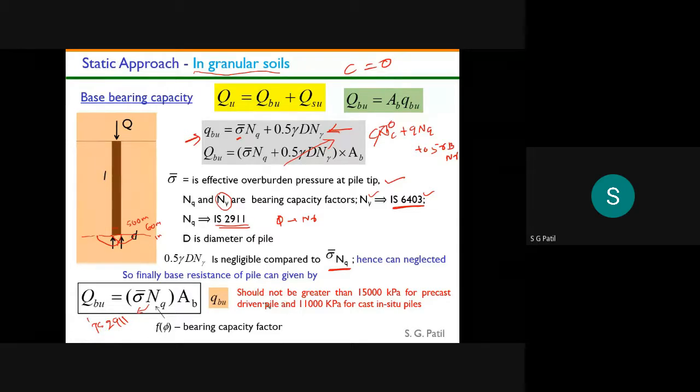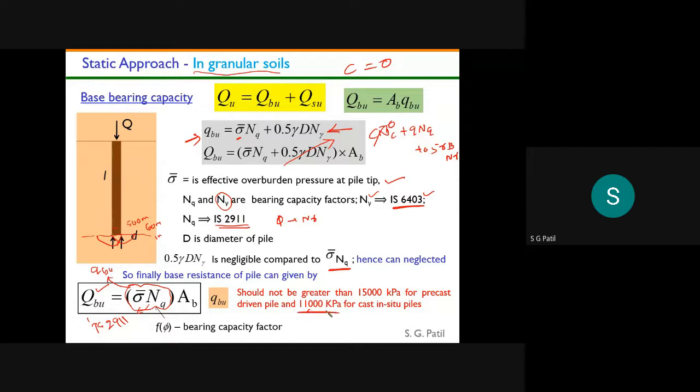Sometimes they limit whatever value you get, so some upper limit value they fix. This q_bu is not the capital Q_bu but the small q_bu, the unit base resistance, and they put an upper limit of 11,000 kilopascal.